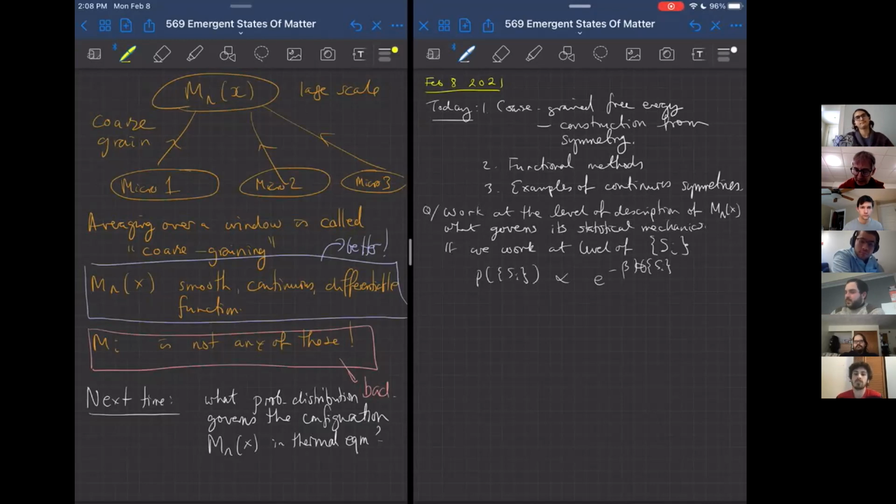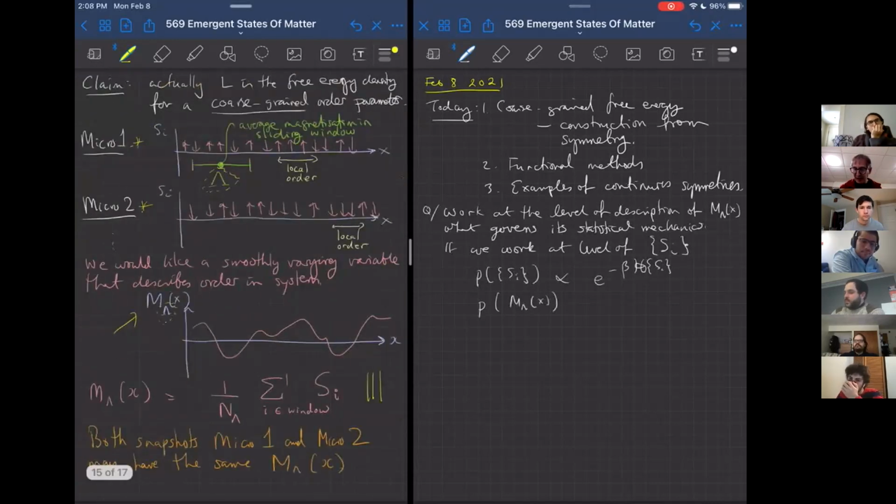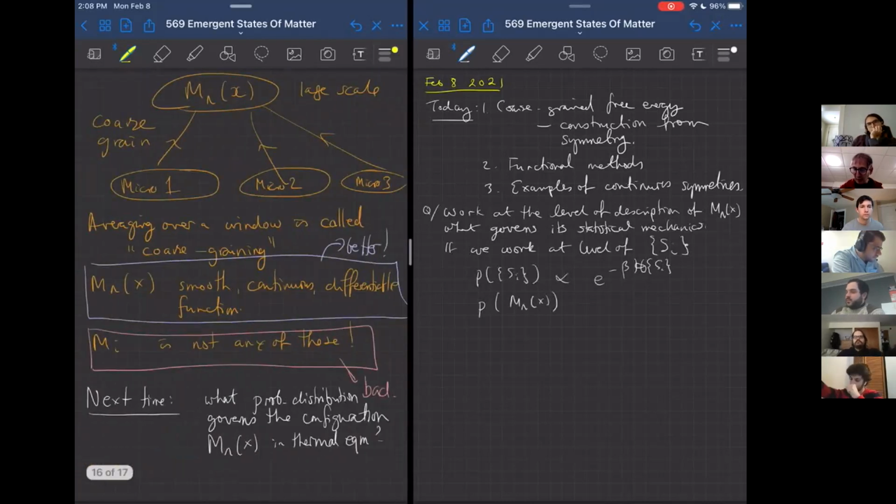So our question then is, if I now say a configuration is described by this continuous function m lambda of x, something that looks like this over here, what is the probability distribution for that? And we're going to see that this is proportional to something called the Landau free energy.